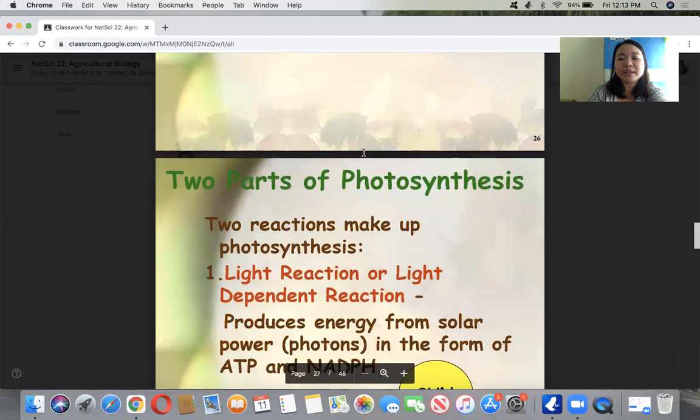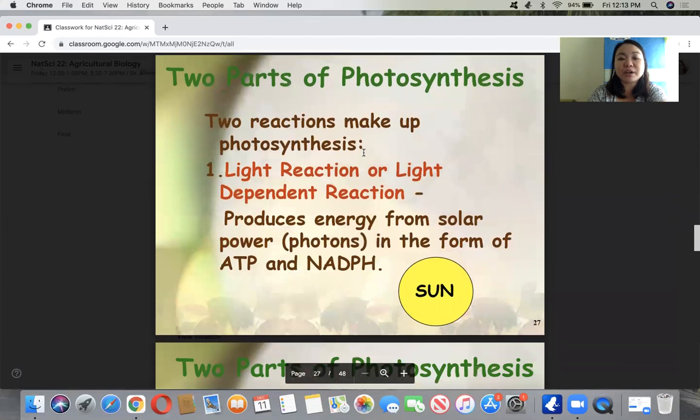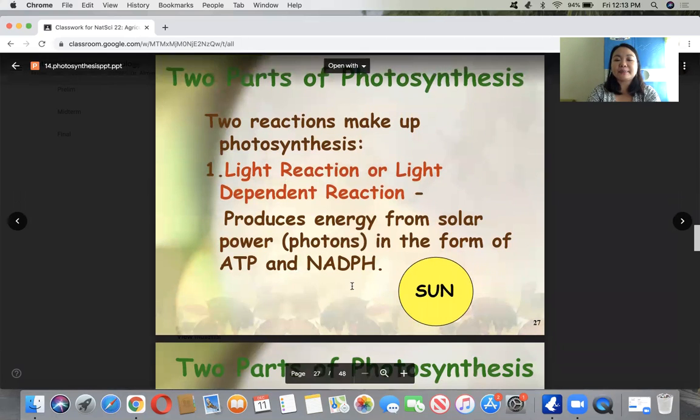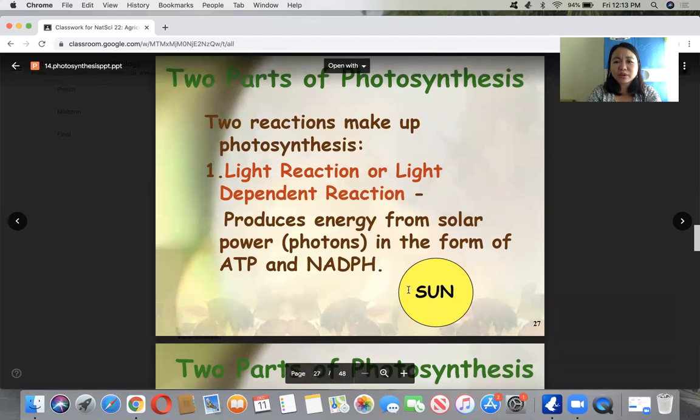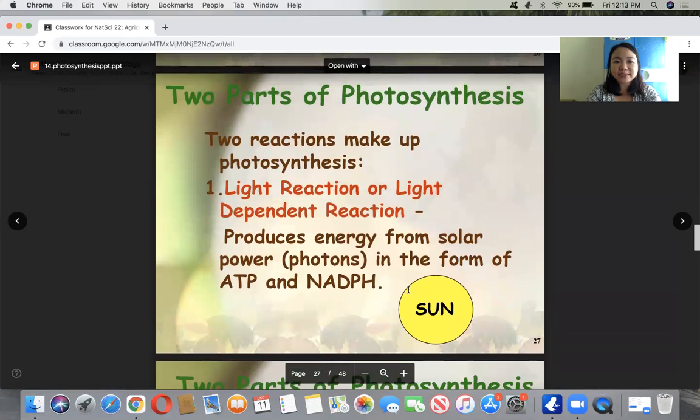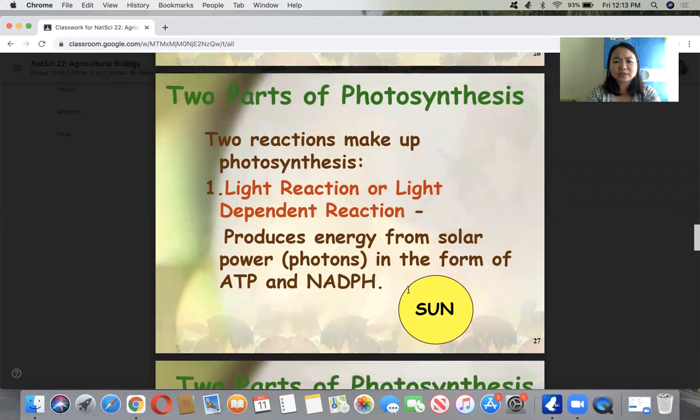So what are the parts of photosynthesis? There are two. The light reaction, or the light-dependent reaction, which produces energy from solar power photons in the form of ATP and NADPH from the sun. You might have always thought that photosynthesis takes place only in the presence of sunlight.